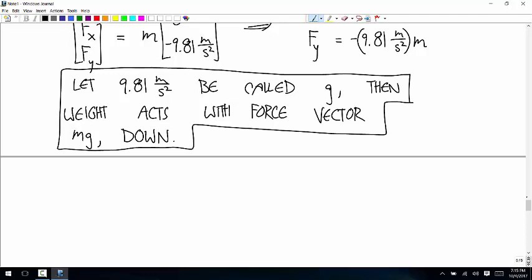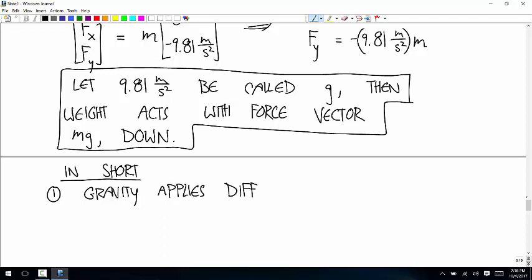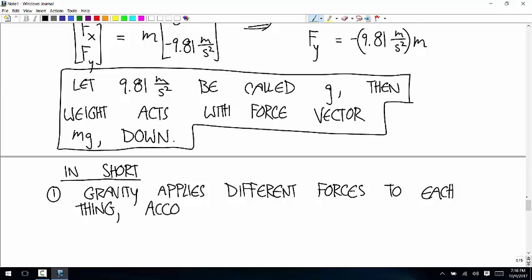So in short, gravity applies different forces to everything, to each thing according to their mass.